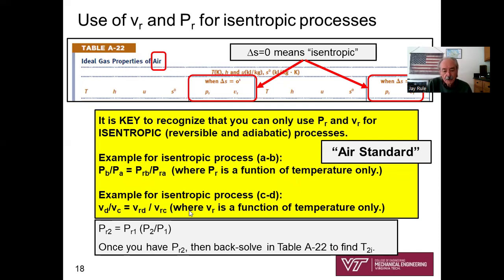Let's say you have a problem where you have your specific volume ratio instead. That's commonly the case for internal combustion engines, like a diesel engine. Well, the same thing applies here. VD over VC, that might be like V3 over V2, equals VR3 over VR2, where VR is a function of temperature only.